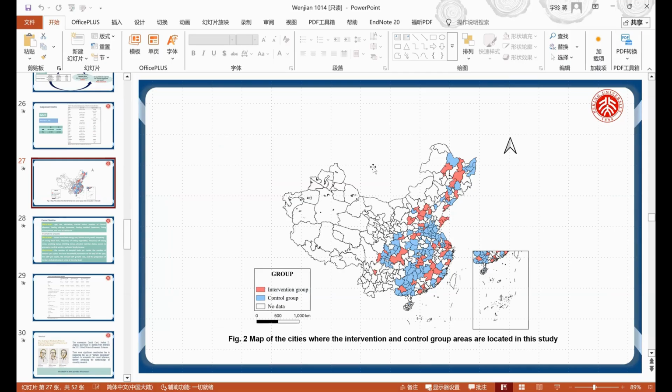The intervention group was selected based on other previous work and selected by the Chinese government.